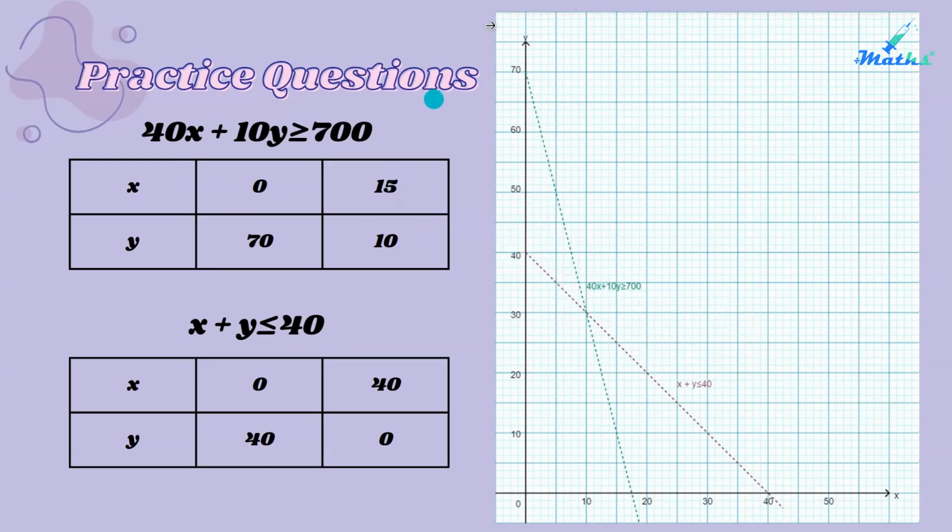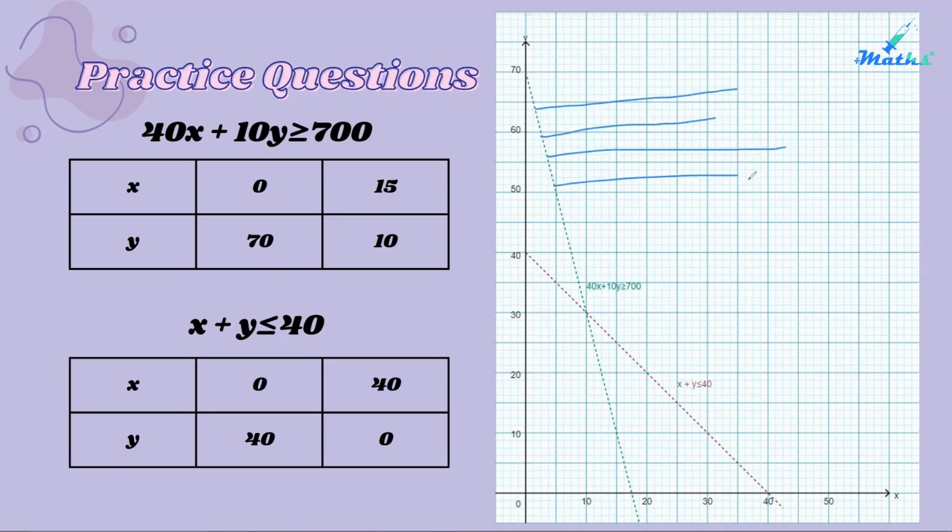Okay, let's shade the graph. So 40x plus 10y more than or equal to 700. From this line, it should be more than, so it should be above here, above the green line.